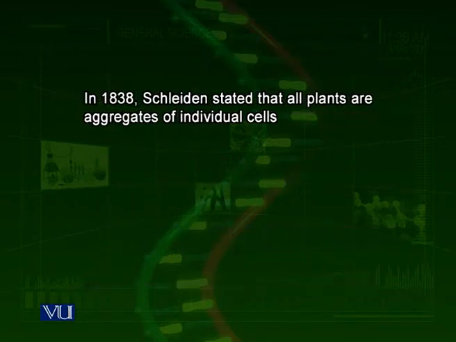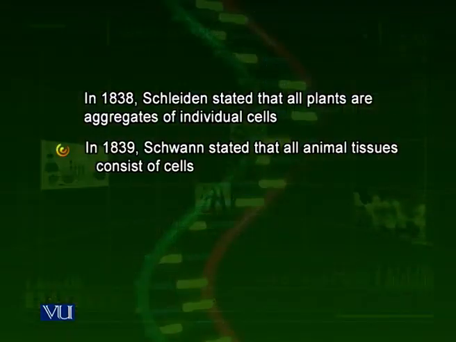In 1838, a botanist named Schleiden stated the first part of the cell theory, actually half of it: that all plants, the multicellular plants, are aggregates of cells. Later on, another cytologist, more precisely a zoologist, an animal scientist, Schwann, stated that all animals also consist of cells.